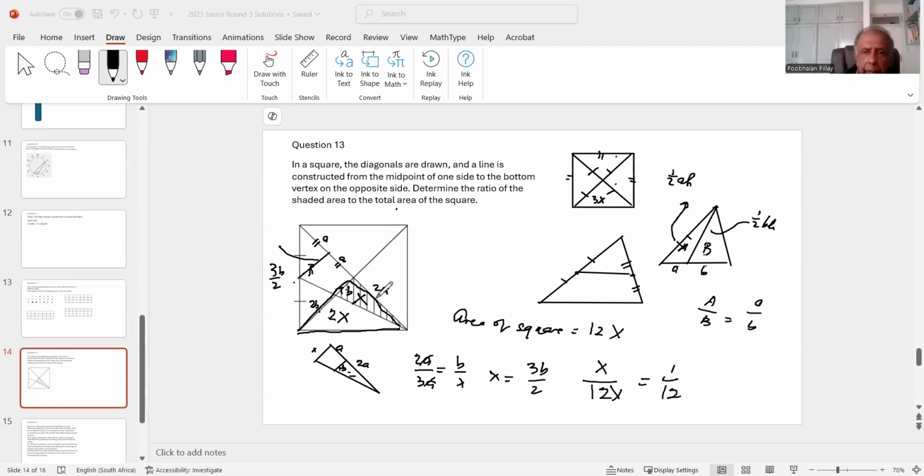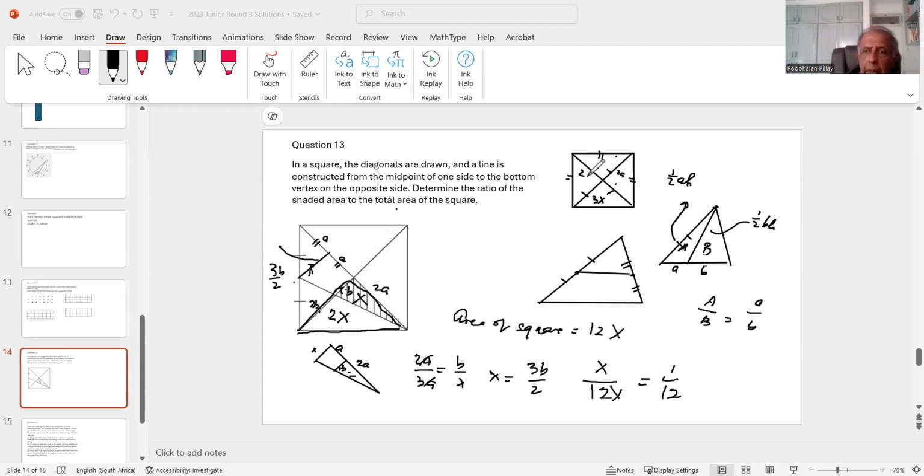But this is quite a tricky problem. I think there may be an easier way of solving it, but I haven't seen it. Say, for instance, this is 2a here.